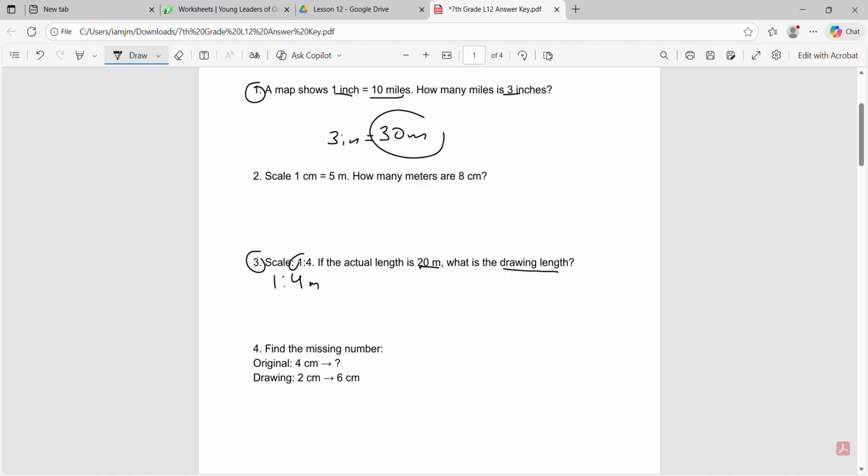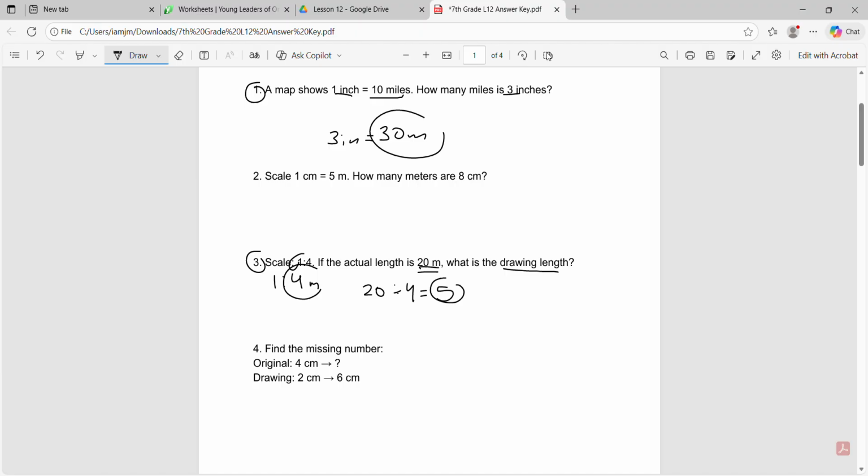So if we were to compare to the actual length, we have to multiply both sides by 4. We'll have to divide 20 by 4 so that we get what was multiplied to get the 20 meters actual length. If we divide 20 by 4, we get 5.